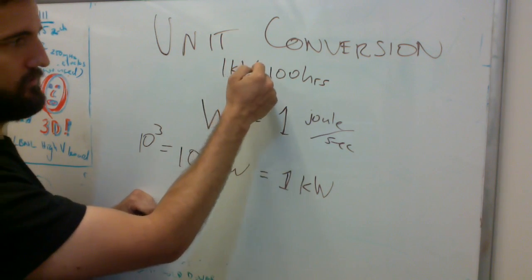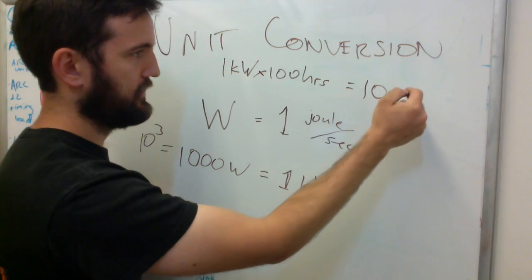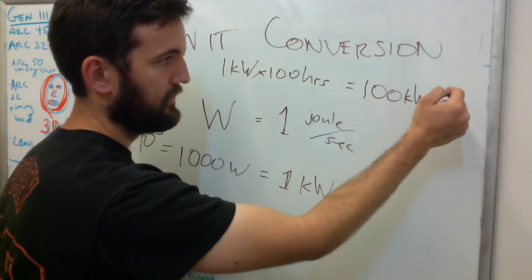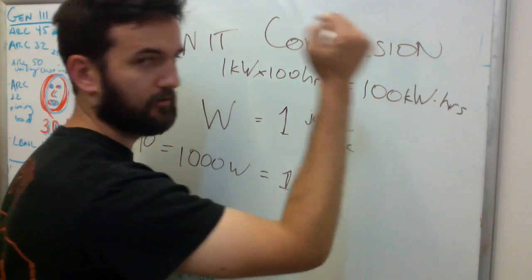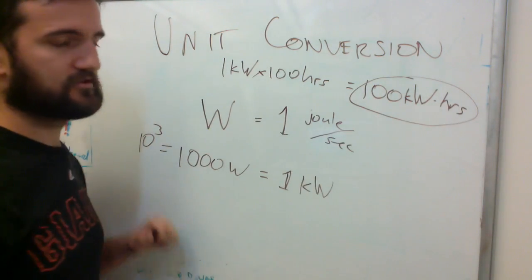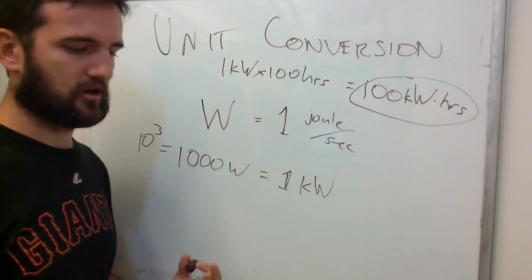Well, guess what? 1 kilowatt times 100 hours equals 100 kilowatt hours. So this is where that strange kilowatt hour unit comes from that the power companies use to charge you.